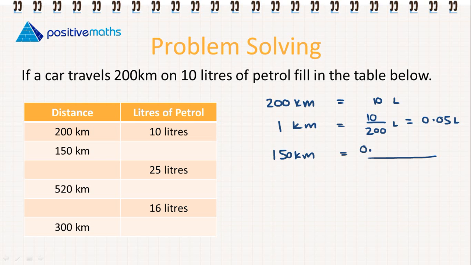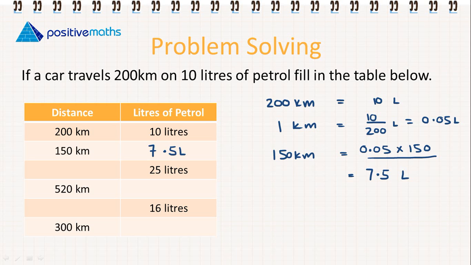Now we can multiply 0.05 by 150 to figure out how many litres 150 kilometres will take. When we multiply that, we get 7.5, and that's the litres. And we'll fill that in here.